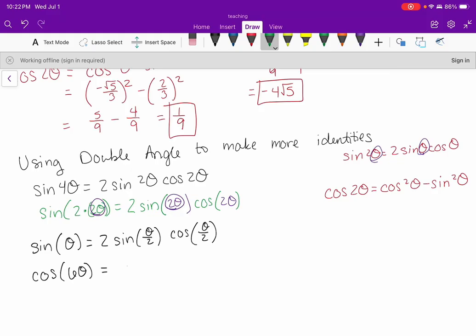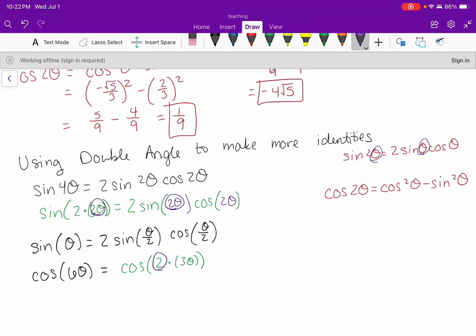So if I change this to cosine 3 times 2 theta, or it might be better to see it as 2 times 3 theta.